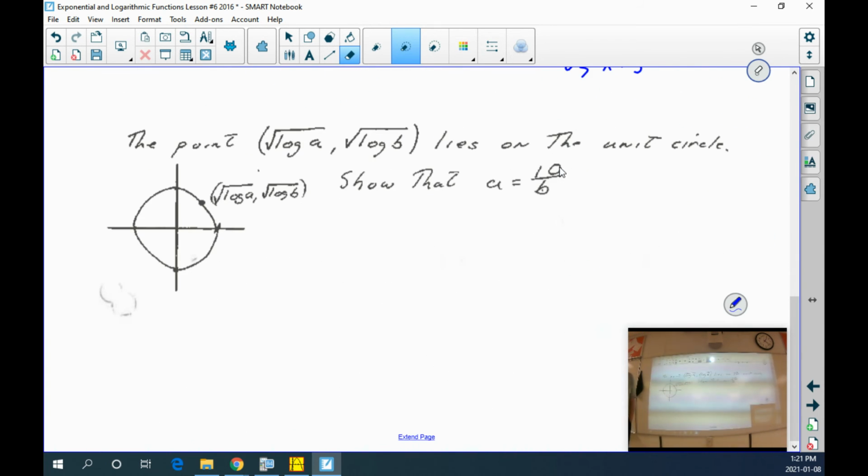Now the last one comes directly from a diploma. We are going to basically talk about our unit circle. Unit circle, that's 1. Not a trig question, this is just a basic log question going back to what we know. We have points, square root of log A and the square root of log B is the point.